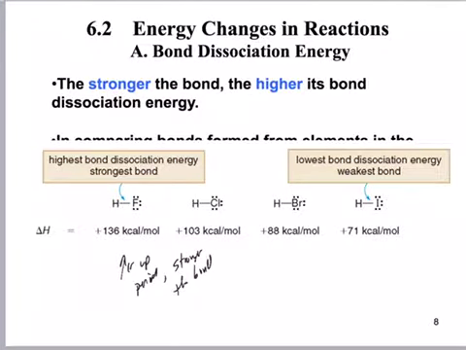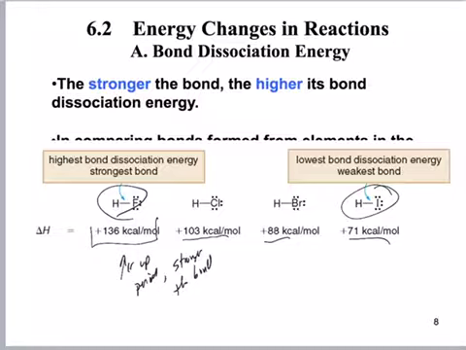In other words, HF, fluorine is at the very top of the periodic table in the halogens. It has a bond dissociation energy of 136 kcals per mole. As you go down, you can see there's a steady decrease of bond dissociation energy. So the lowest bond dissociation energy forms the weakest bond.